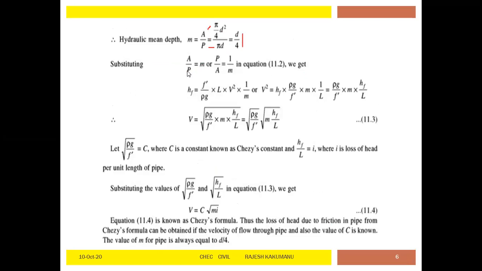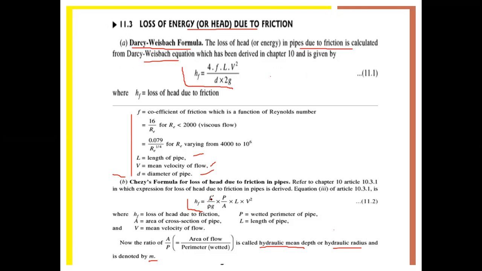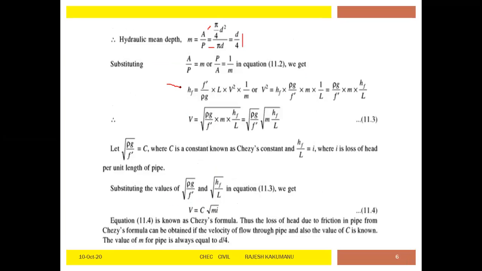Therefore, substituting A/P in Chezy's formula, hf = f'/(rho g) times L V^2 times 1/m, or V^2 = hf rho g / (f' m L), that is rho g / f' times m times hf/L. Therefore V = root of (rho g / f') times m times hf/L. Here rho g / f' is equal to C, the constant known as Chezy's constant, and hf/L is equal to i, the loss of head per unit length of the pipe.